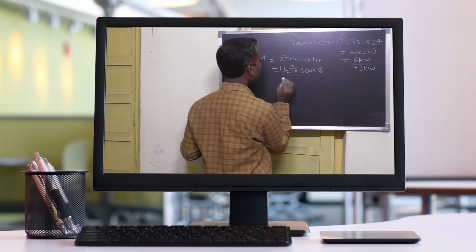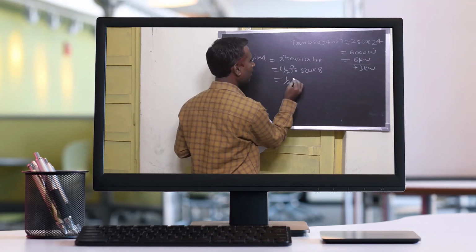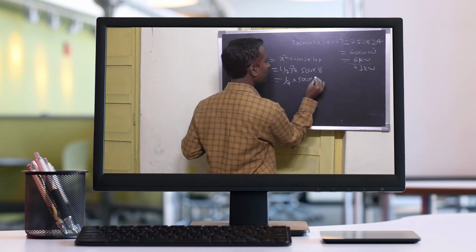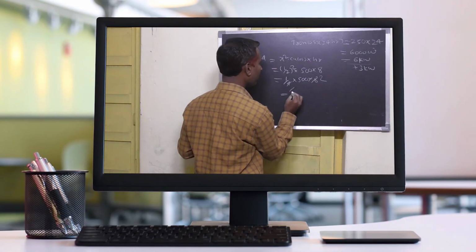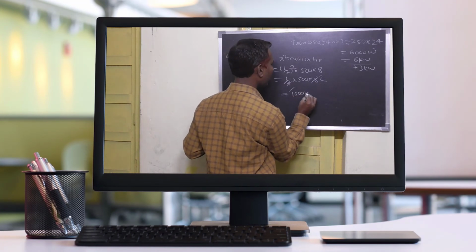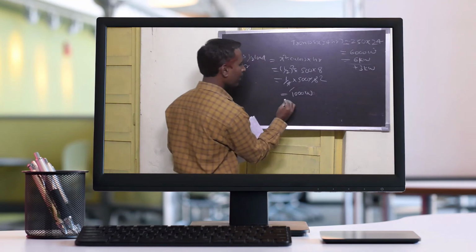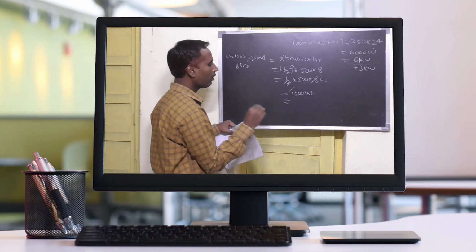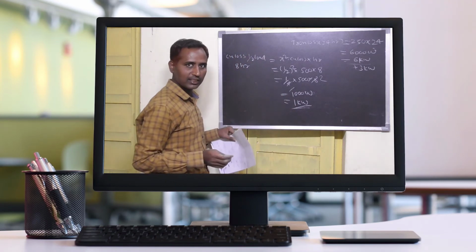Timing is 8. We will get 1 by 4 into 500 into 8. 4 1s are 4, 4 2s are 8, 5 2s are 10, which means 1000 watt. If I convert it into kilowatt, 1 kilowatt. Okay friends, this is clear.